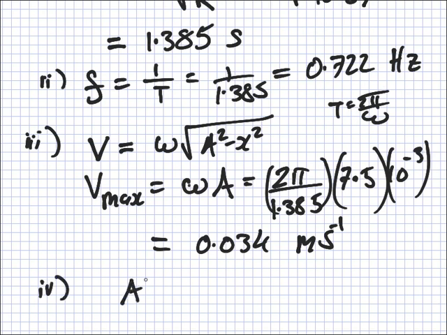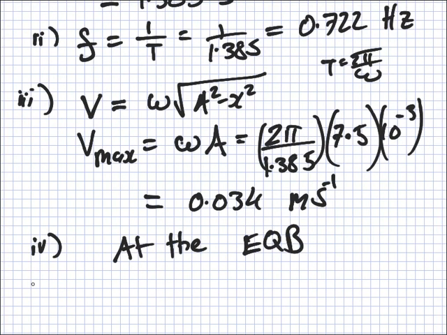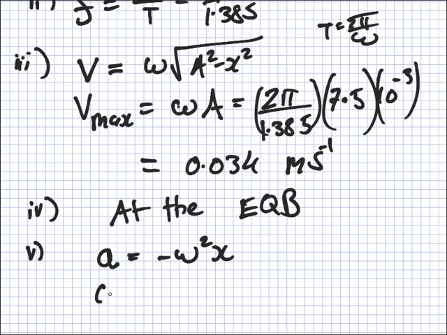Part 4, when will the maximum velocity take place? Maximum velocity happens at the equilibrium, the origin. Part 5, what's the maximum acceleration? So you remember the formula for acceleration equals minus omega squared x. So what's the formula for the maximum acceleration? What's the biggest value you could have here? Make it a plus omega squared a.